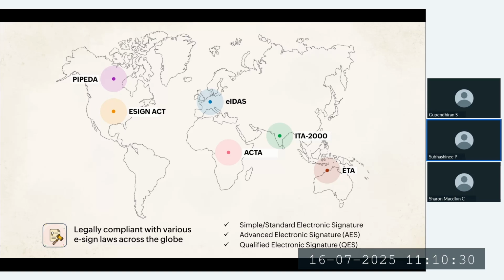These legislative frameworks categorize electronic signatures into different tiers: simple, advanced, and qualified, each with its own level of legal significance. And Zoho Sign fully supports all these tiers. And Zoho Sign also ensures compliance by maintaining multiple secure data centers located in various cities worldwide, meaning your data can be stored and processed locally in accordance with regional privacy regulations.